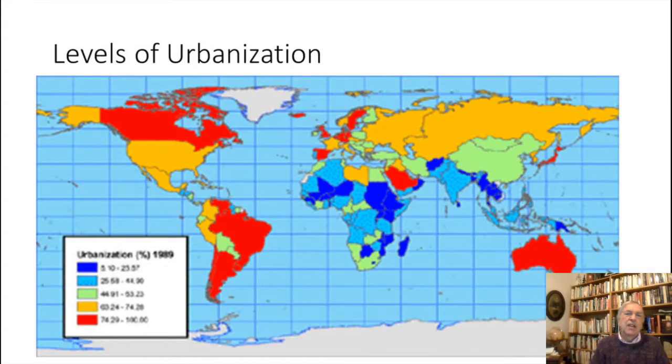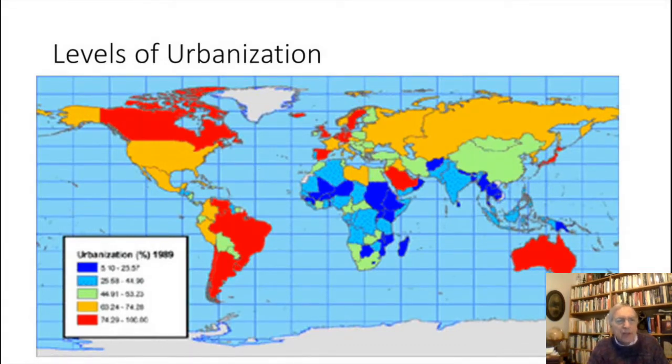And you see that I put this map up. It says the same thing, but it made the point because it had pretty colors. In this case, the highest levels of urbanization are shown in red, and orange are the highest level.